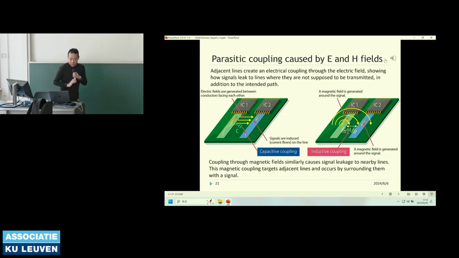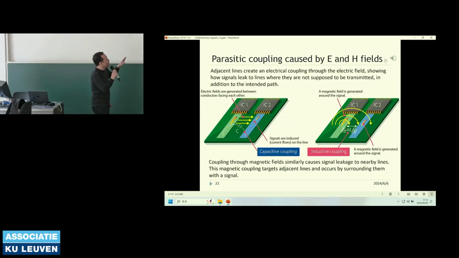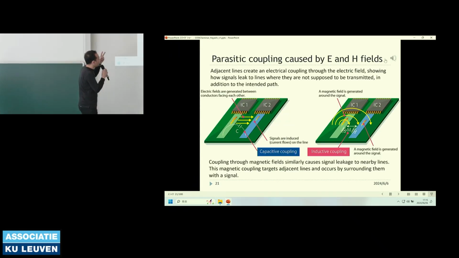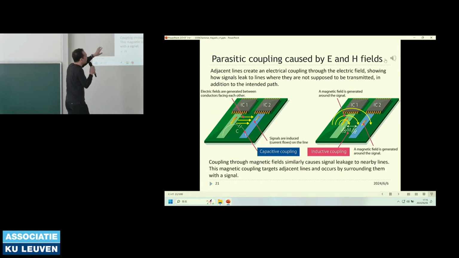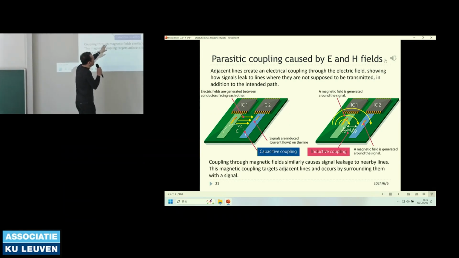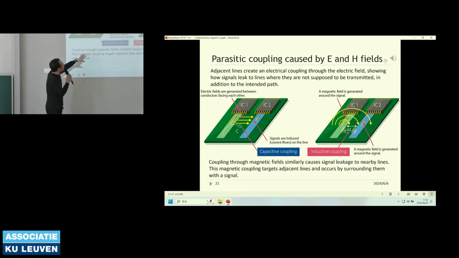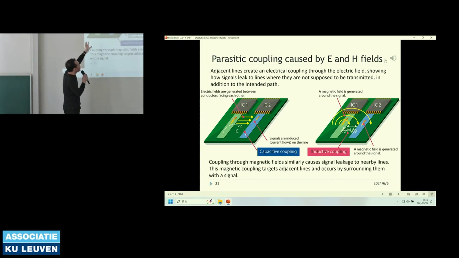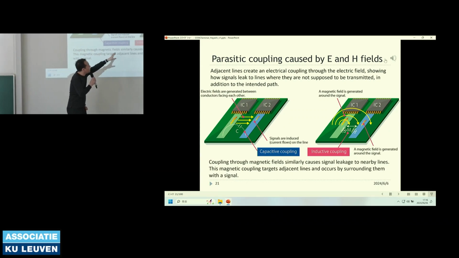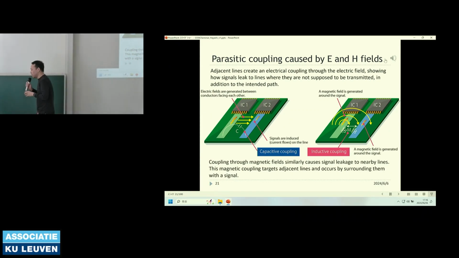Okay. The coupling mechanism is roughly divided into two categories. One is capacitive coupling, and the other is inductive coupling. Capacitive coupling depends heavily on the electric field. Inductive coupling depends on the magnetic field.